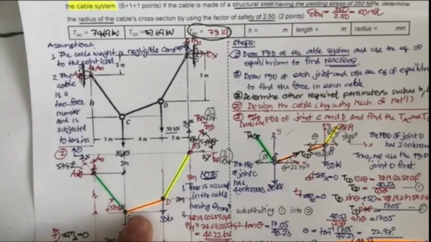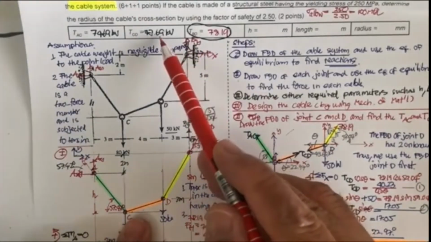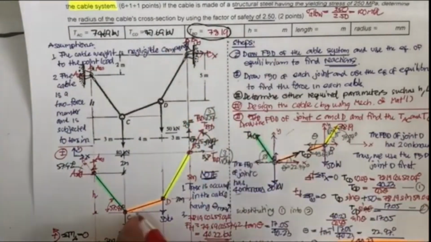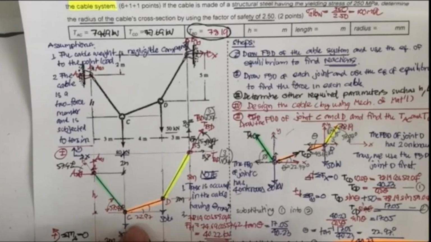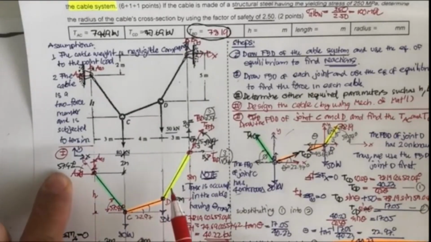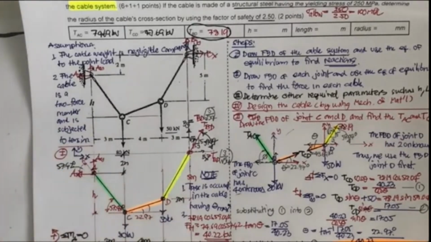It's going to be 43.69 and the angle here is 22.97, so it's equal to 43.69 cos 22.97. That means all the horizontal components of the force in the cable are equal and constant. Okay, that is an important note.